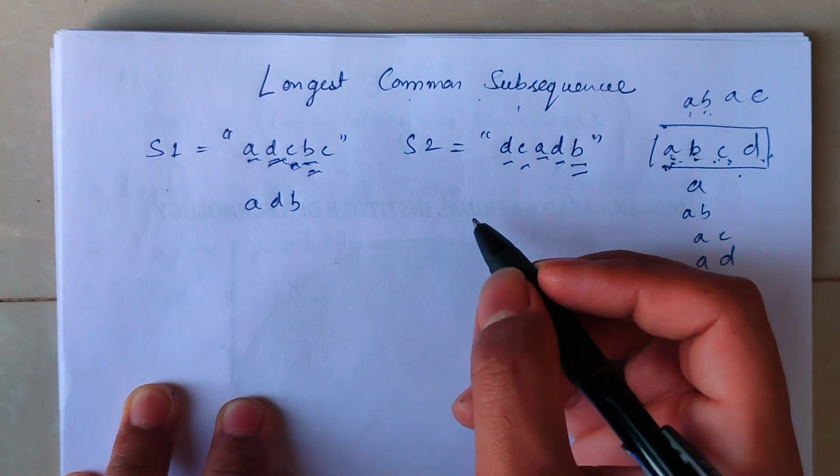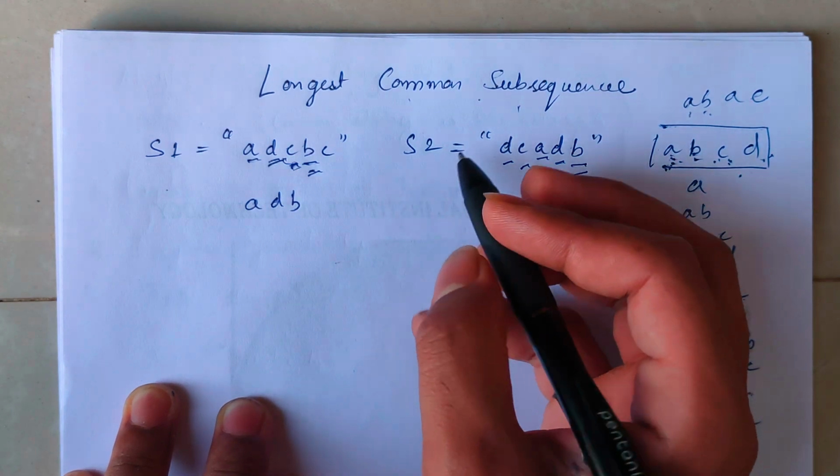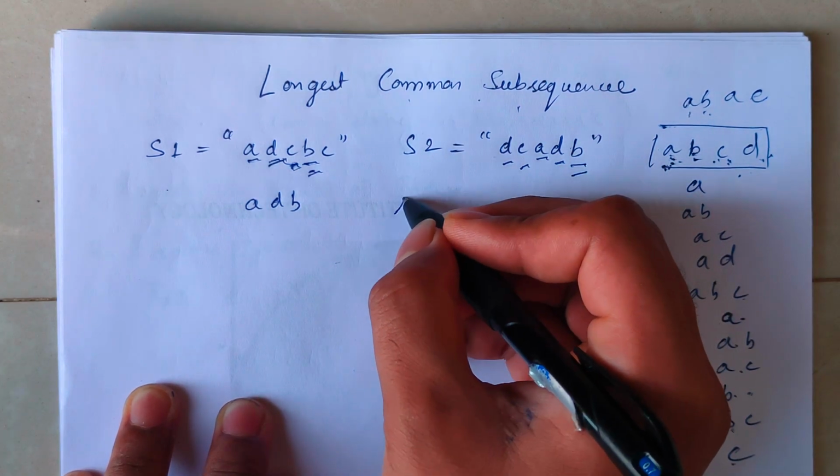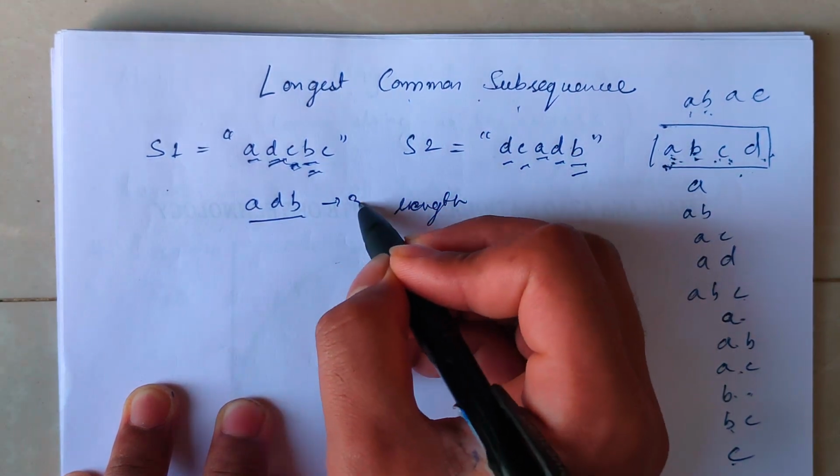So we don't need to return the longest subsequence, we just need to return the length. So the length here is 3, right?